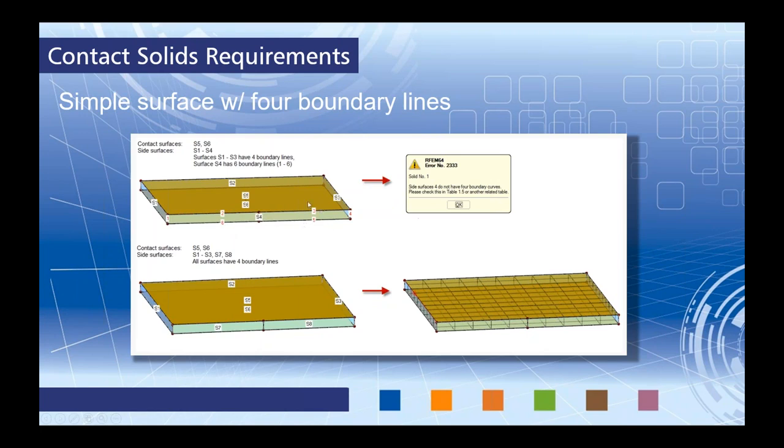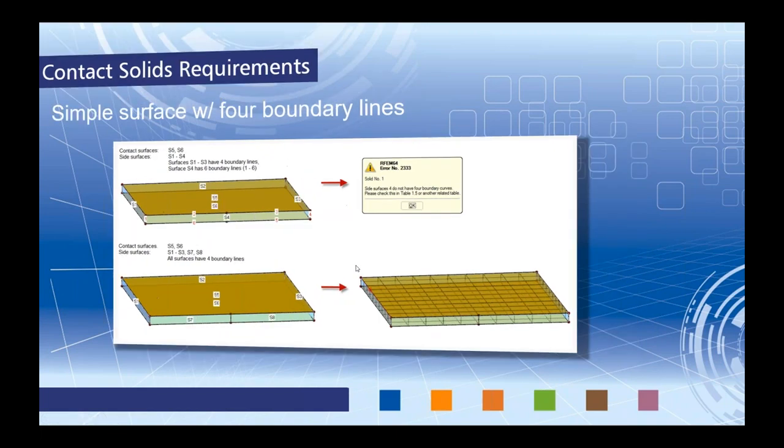If I tried to solve this within RFEM, I would get an error saying side surfaces 4 do not have 4 boundary curves. And that's simply because we need to make some adjustments. We either need to convert lines 2 and 3 into one continuous line, or we can split this contact solid into 2 adjacent contact solids. Either way, it's still going to act like one continuous contact solid, or we can simply combine those lines. So you have to have 4 and only 4 boundary lines to define a contact solid.